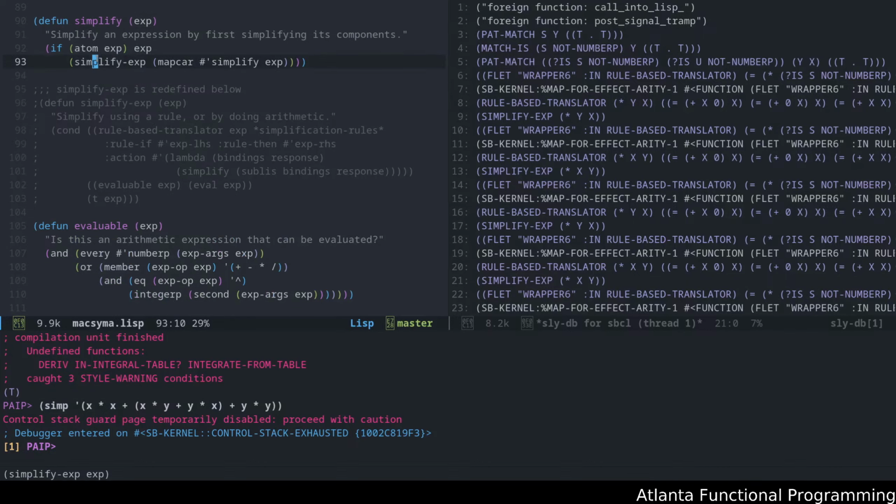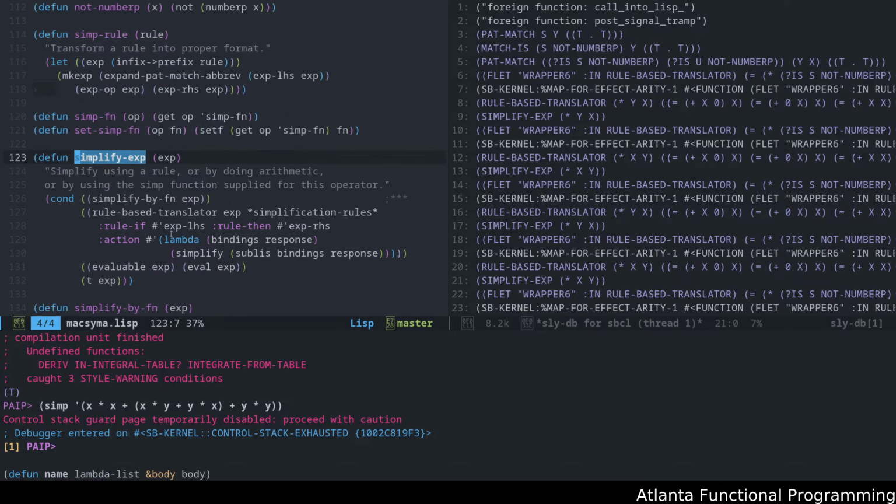And simplify expression, as we saw before, is essentially calling functions or evaluating them. In this case, apparently this is actually technically a known limitation.